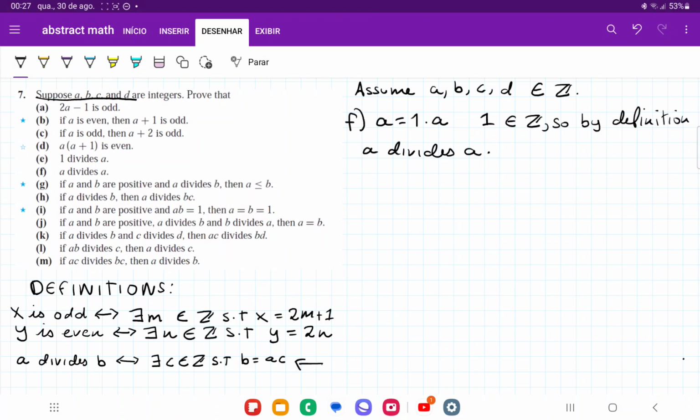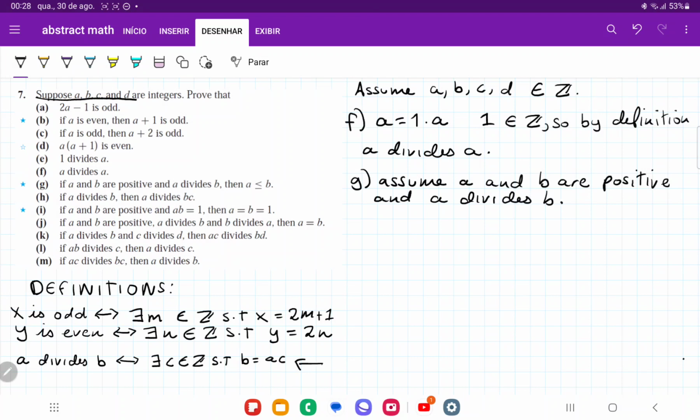Okay, let's go to the next one. The next one is if A and B are positive and A divides B, then A is less than or equal to B. So let's go ahead and do that. So we're going to say assume A and B are positive and A divides B. Well, if A divides B, then we look here at the third line, right?